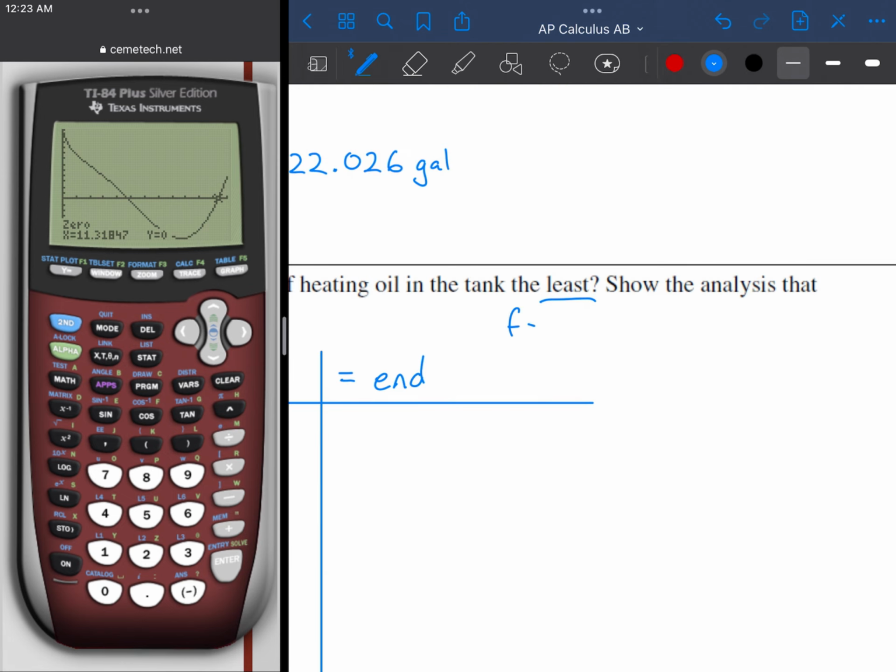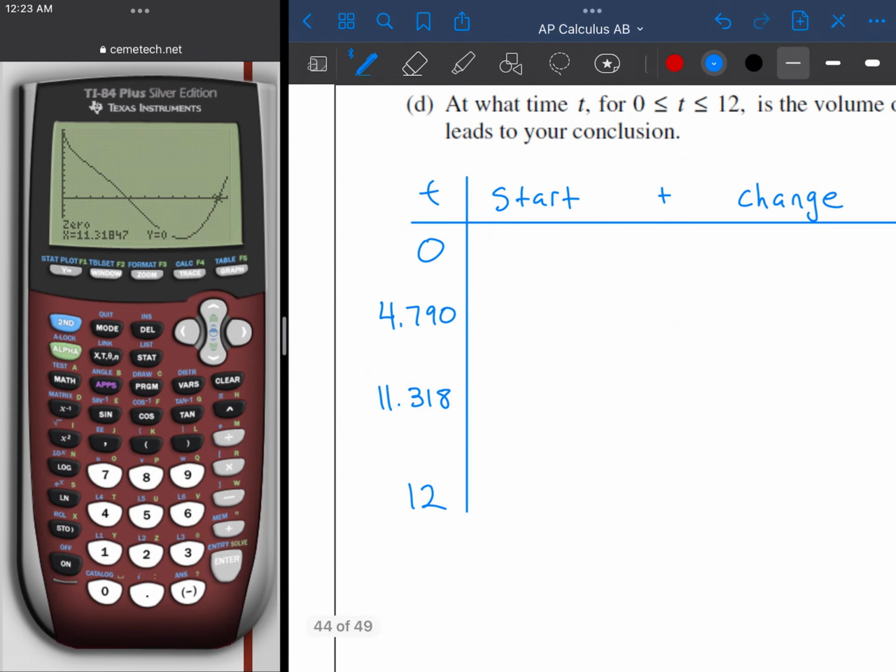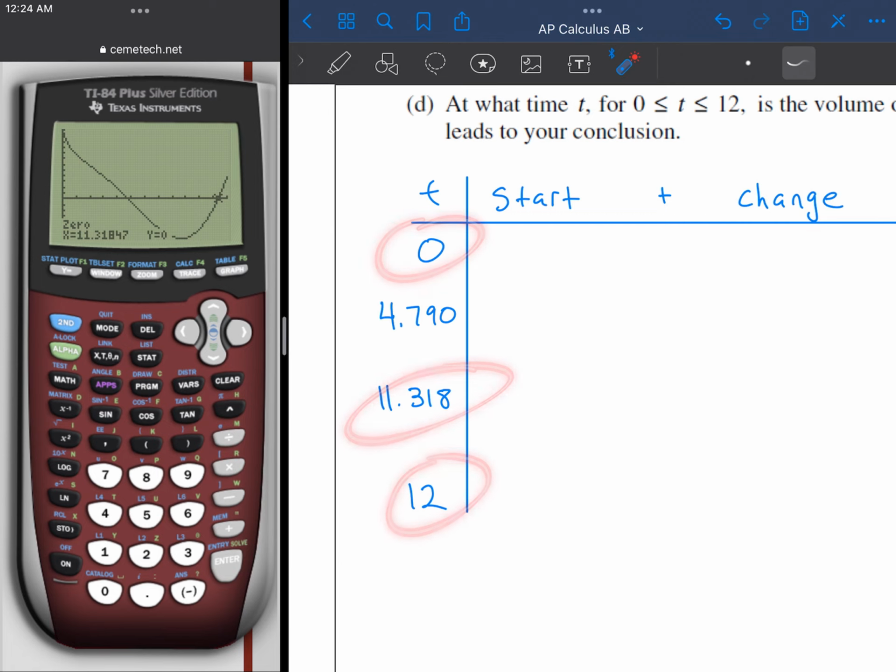An f relative minimum is the potential f absolute minimum, and the definition of an f relative minimum is where f prime, which is the graph that we're looking at, so heights of the graph, go from a negative to a positive. And notice that the first value that I gave you, 4.790, is a relative maximum, which means I do not want it. It's probably going to be this one, or this one.